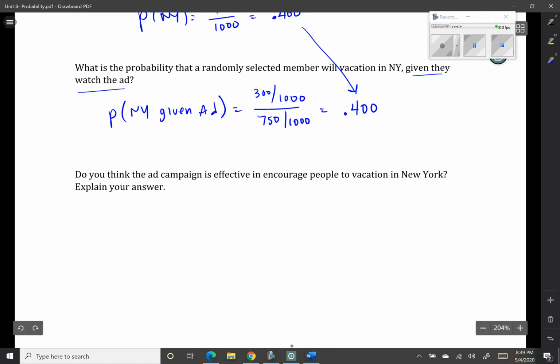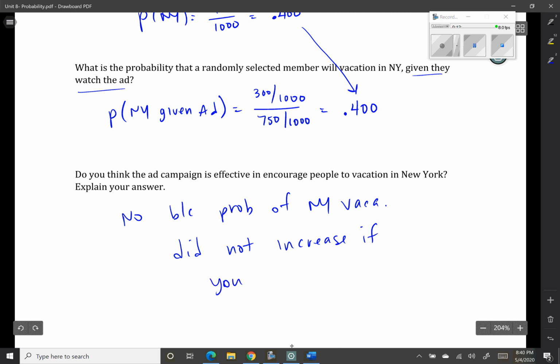The answer to that is no, because the probability of a New York vacation did not increase if you watch the ad. So because the probability didn't change at all, it means that the ad was irrelevant, right? It didn't actually help more people come to New York.